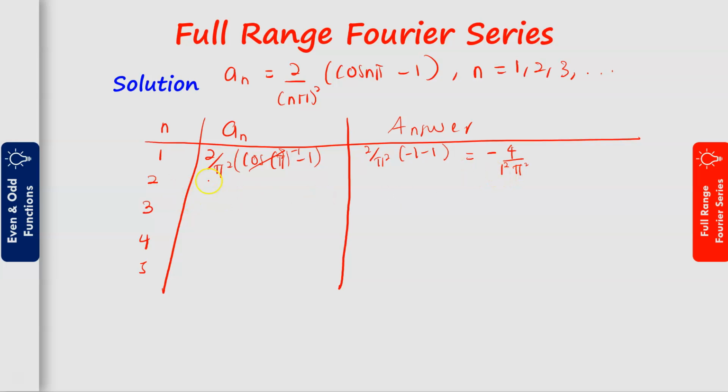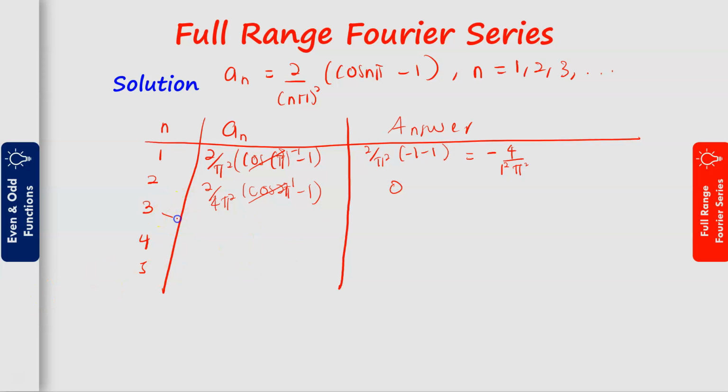And then when n equal to 2, we will have 2 over, remember n equal to 2, so 4 pi square (cos 2 pi minus 1). In this case, cos 2 pi is equal to 1, so you will have 0.